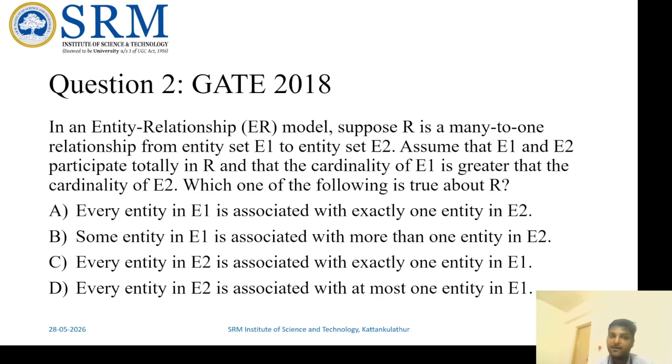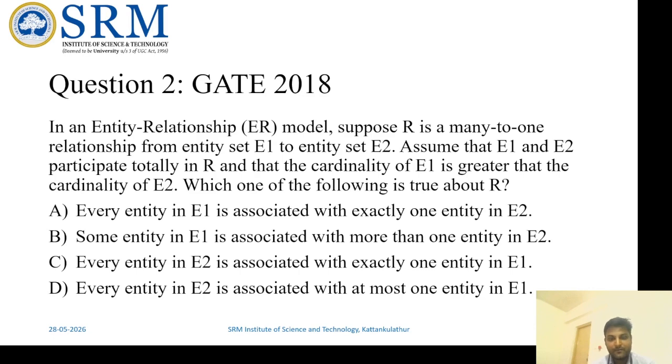Assume that E1 and E2 participate totally in R and that the cardinality of E1 is greater than the cardinality of E2. Which one of the following is true about R? Now the question says that it is a many to one relationship, where many is E1 and one is entity E2.